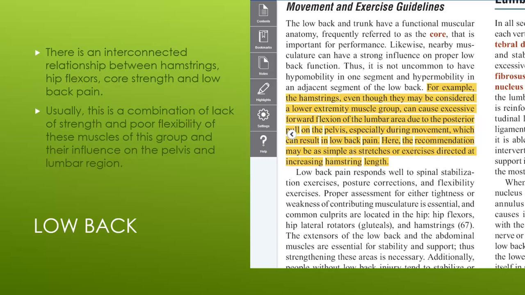So the recommendation may be as simple as stretches or exercises directed at increasing hamstring length. And as silly as it sounds, and as simplistic as it sounds, I agree with this, because oftentimes people come in after sitting in a chair all day and in knee flexion, and the hamstrings are just short. And that's it. And then you have to work with your clients to actually get them to lengthen their hamstrings.